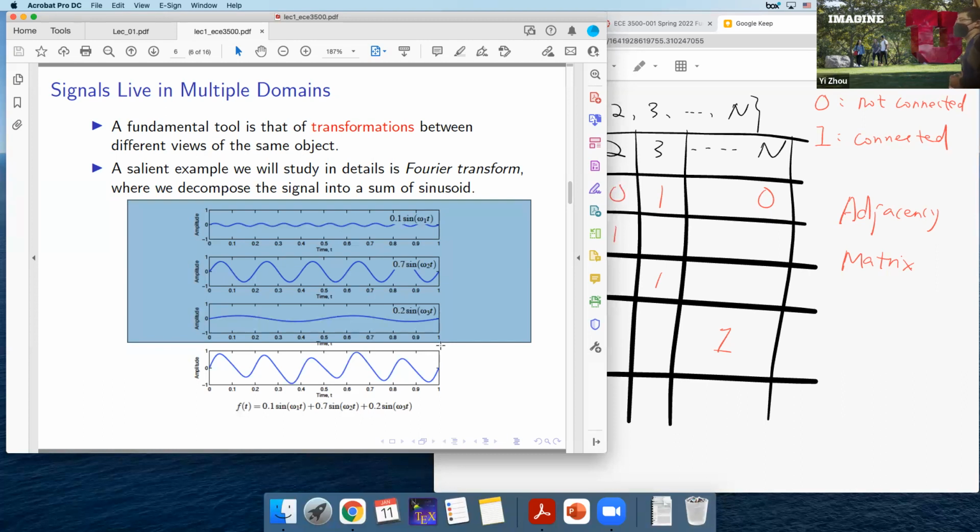We just need to know that the signal is located at three different frequencies. That's the key information. So in that way, we can describe such a complex signal in the frequency domain using only three dots.